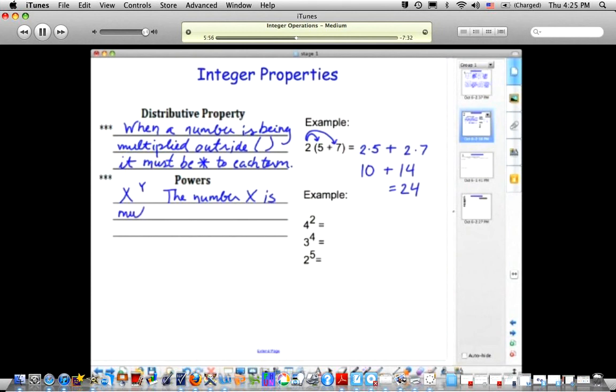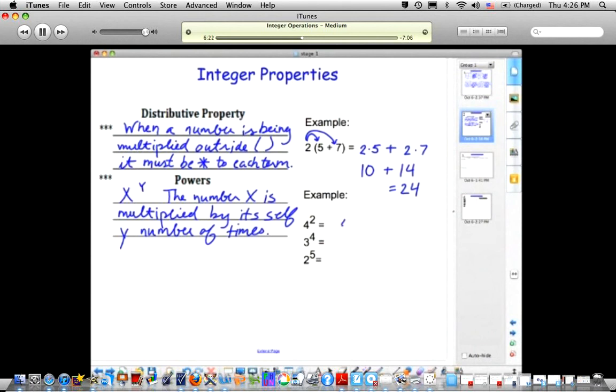So moving on to exponents, x to the y power basically means the number x is multiplied by itself y times. This is a very interesting concept. Sometimes people like to say, for example, x raised to the y would just be written as x times y, but that's incorrect.